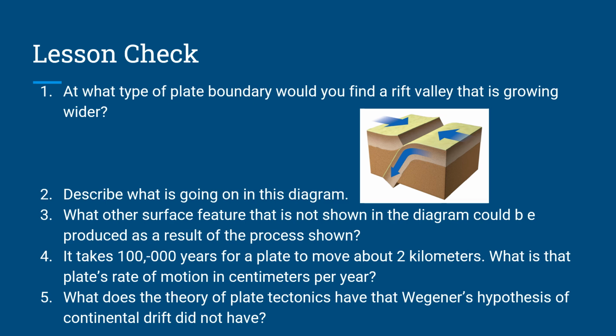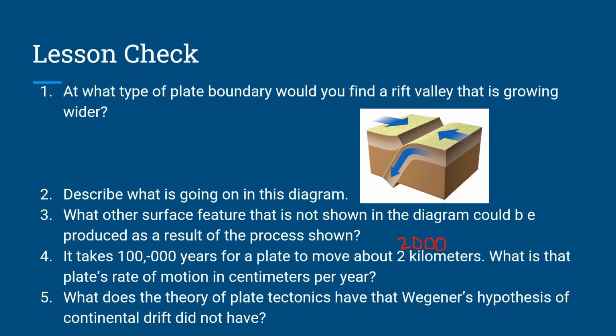It takes 100,000 years for a plate to move about 2 kilometers. What is the plate's rate of motion in centimeters per year? So in order to do that, we've got to change kilometers to centimeters. To get kilometers to meters first, we have to move 1, 2, 3.